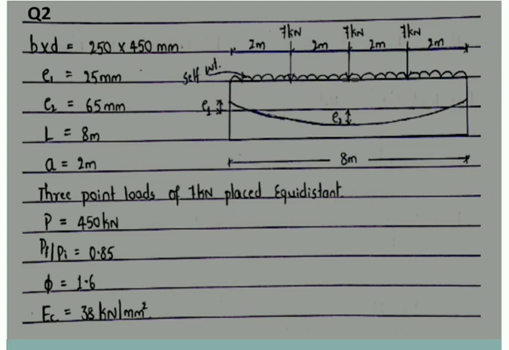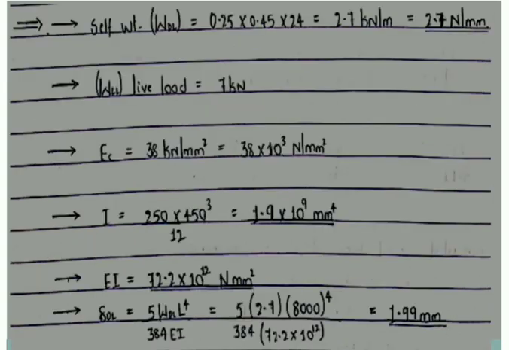So now the change in this will be while analyzing the deflection due to live load, because here we have the point loads. One point load is at the center, but the other 2 point loads are not at the center. Now this thing needs to be considered in this example, and such examples have been asked in your question paper.